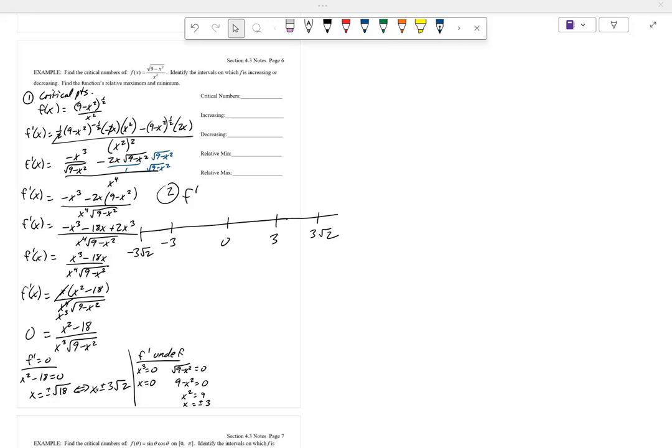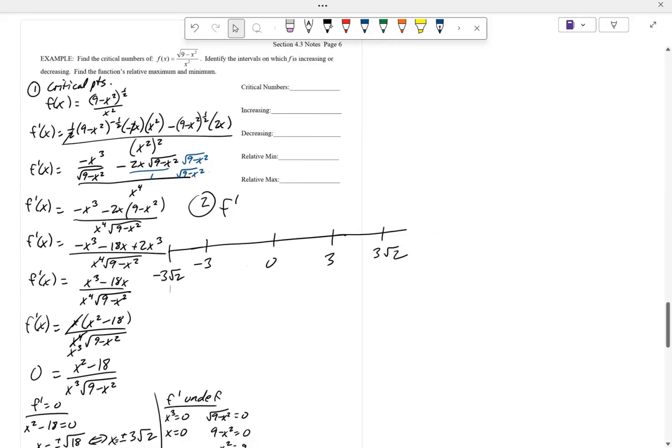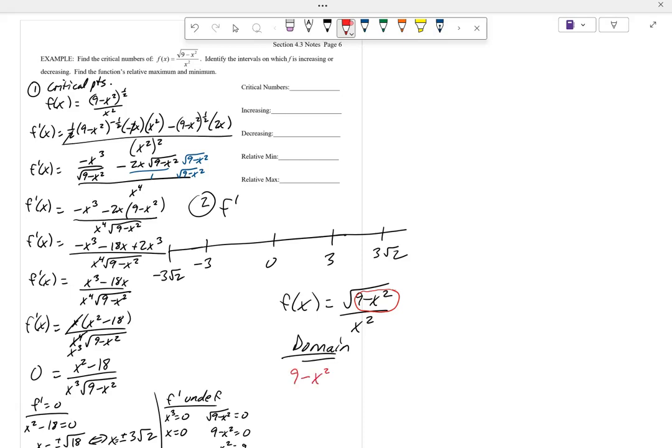So let's think about the original function here for a minute. I have f of x. Sorry, I kind of ran out of room, you guys. Here's my original function. Okay, what's my domain of this thing? Well, I can only take the square root of a non-negative number. So I know 9 minus x squared has to be greater than or equal to 0. Let me add x squared to both sides and write it this way: x squared less than or equal to 9.